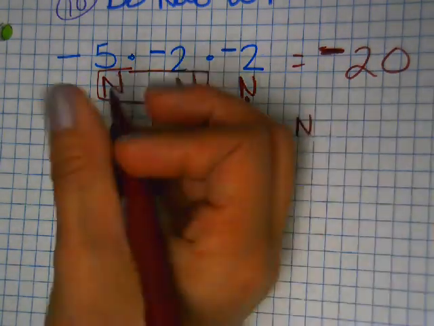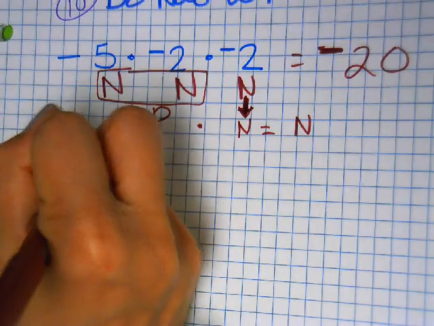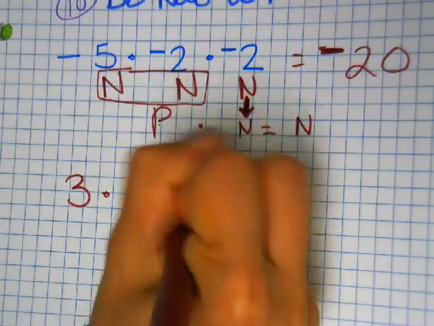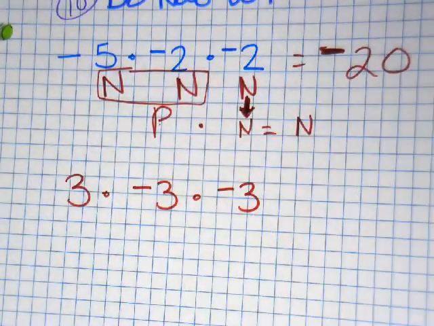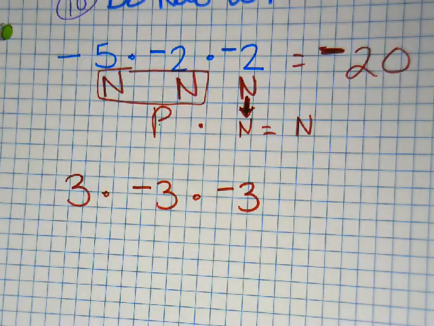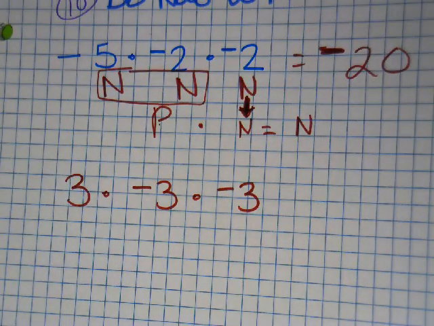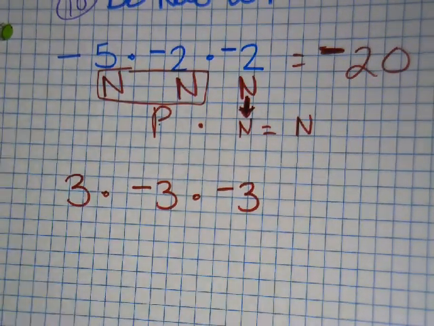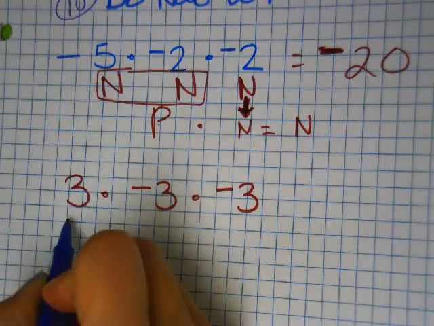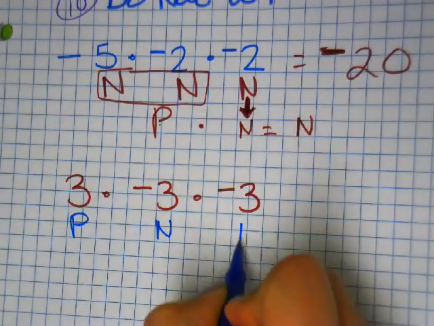All right. What is 3 times negative 3 times negative 3? Okay. So, let's do the negatives first. Positive, negative, negative.